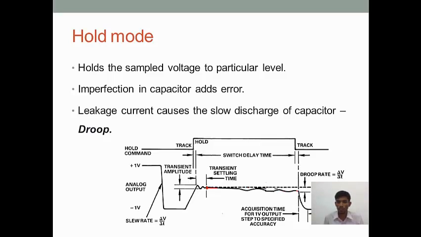So the level will drop, and at the end of the conversion, we will see some deflection from the main voltage level to the actual voltage level. This is called the droop error, and the rate at which the voltage is going down is called the droop rate.